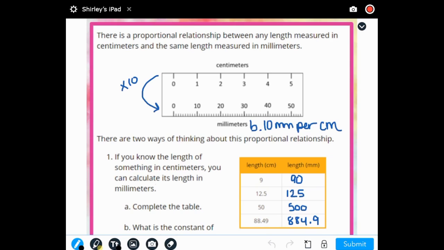So in this problem where we're comparing centimeters to millimeters, and we filled in that table, what number helped us get from left to right, and then what would the unit be attached to it? And we don't want to just say the number.